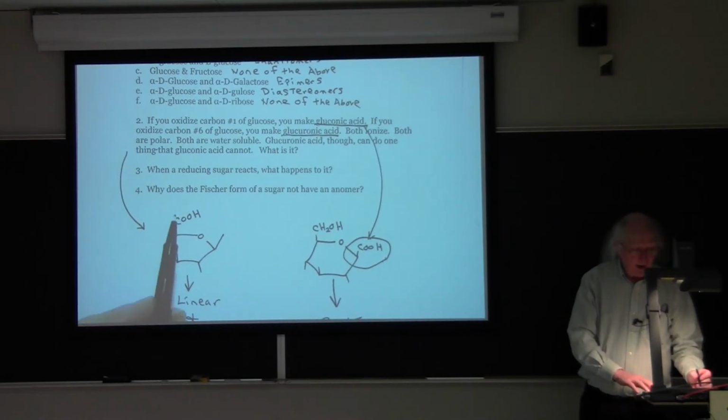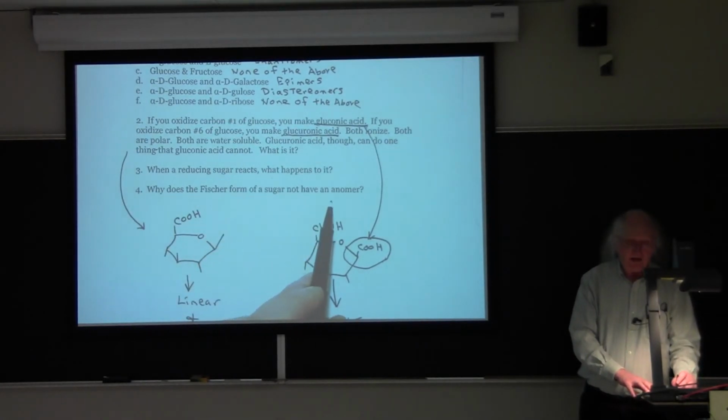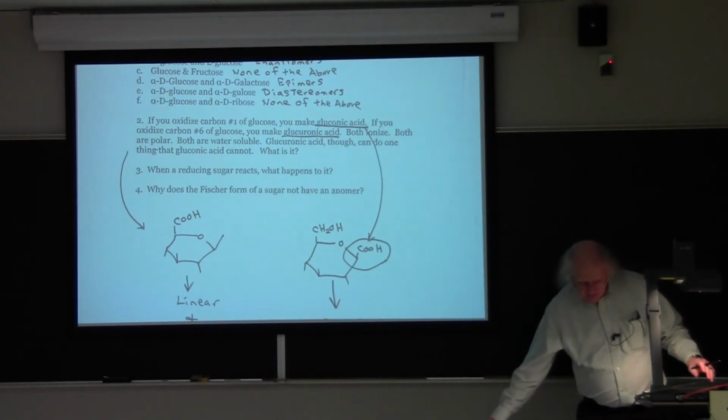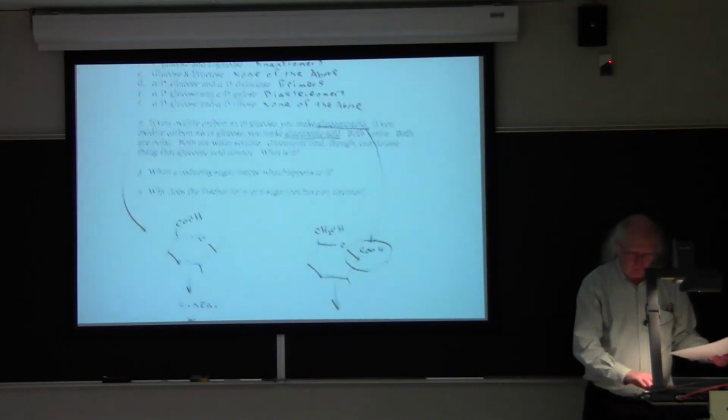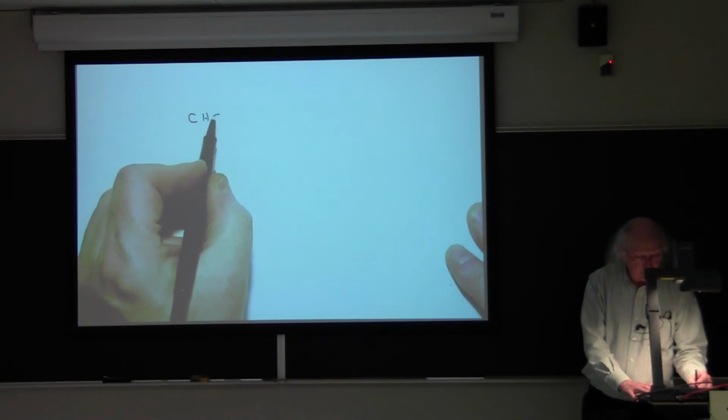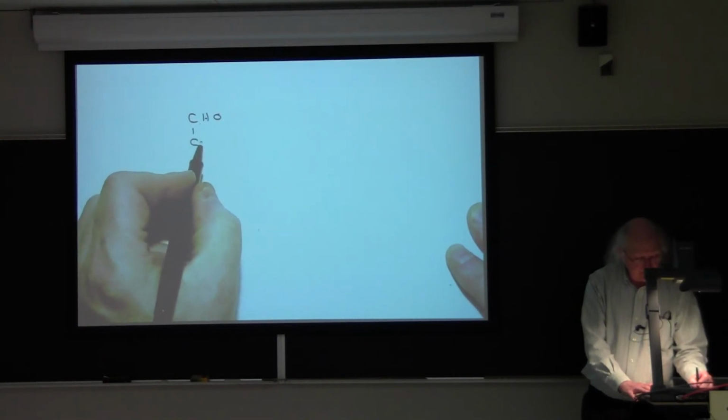The last question says, why does the Fischer form of a sugar not have an anomer? And the answer to this question is pretty straightforward. You may recall that the cyclization reaction is what caused the anomeric carbon to be created. We look, for example, at glucose. Glucose has this configuration.